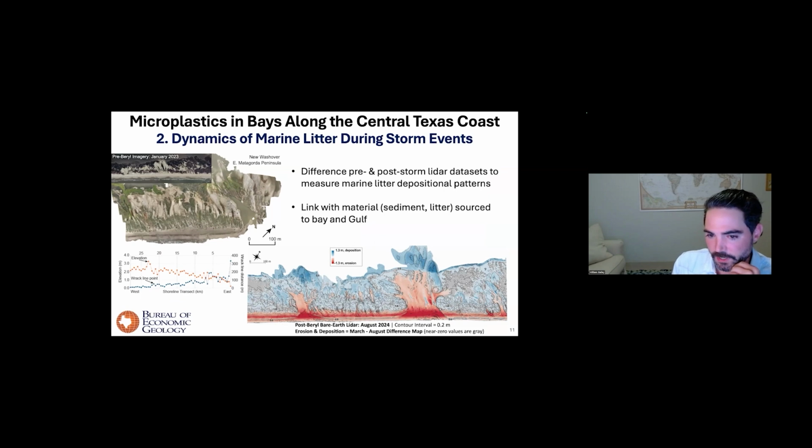We can also use the bare earth digital elevation models to show where the most sediment was eroded or deposited, and that can also be linked with plastic being preserved. And in the case of erosion, we can tell a story of plastic was removed and either deposited in the bay through overwash deposits or returned to the Gulf of Mexico through return channels.